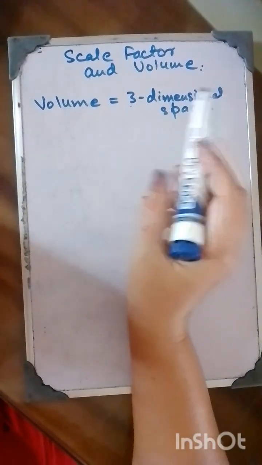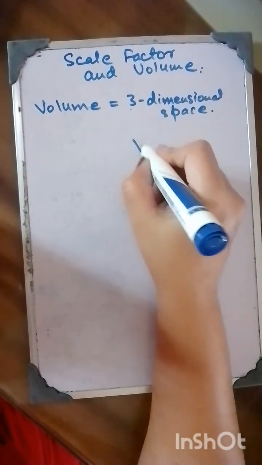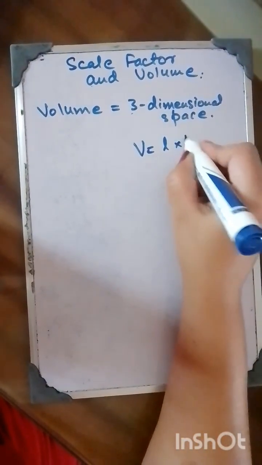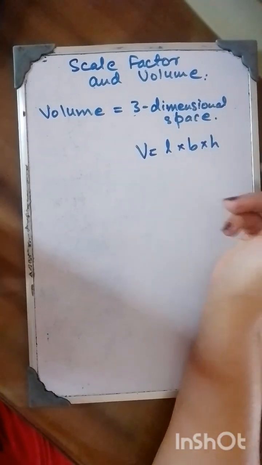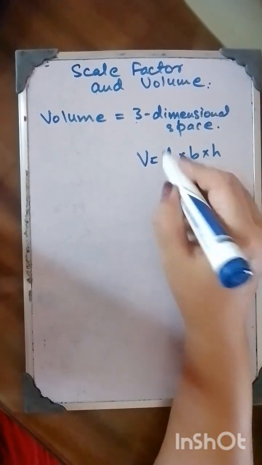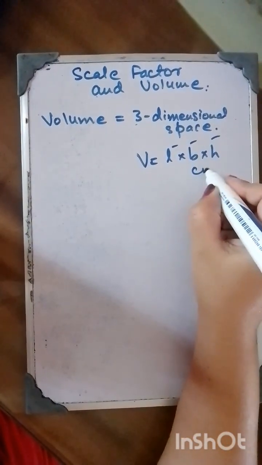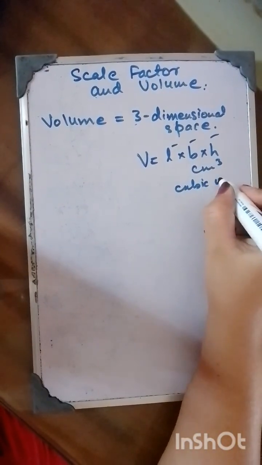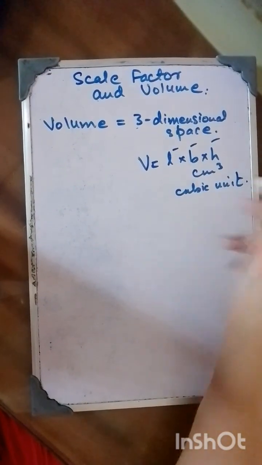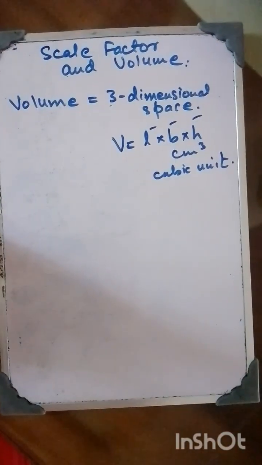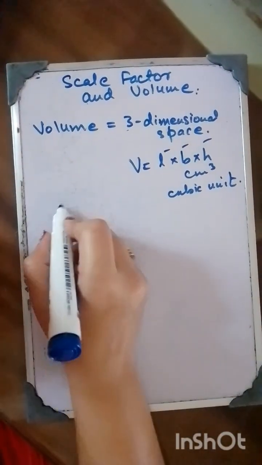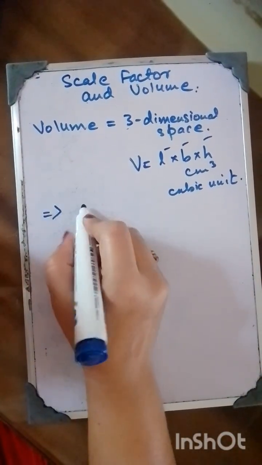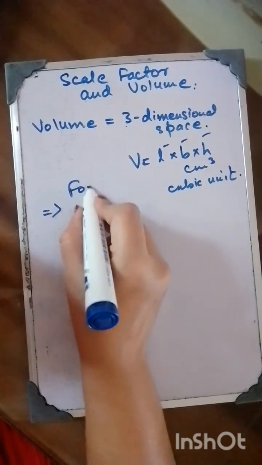In a similar way we are going to apply things on volume. Since volume is a 3-dimensional space, it has 3 components: length, breadth and height, or what you can say width, and the unit will be in cubic units, right? Because there are 3 dimensions here, so 3 units will be there, so it will be cube.